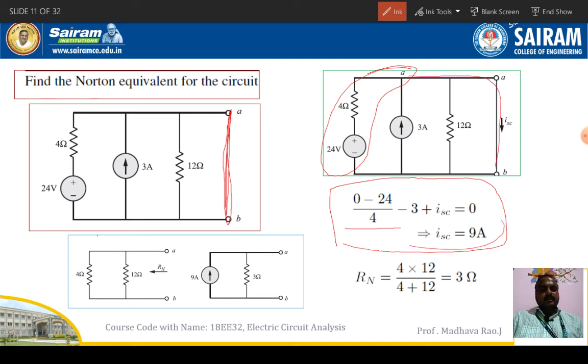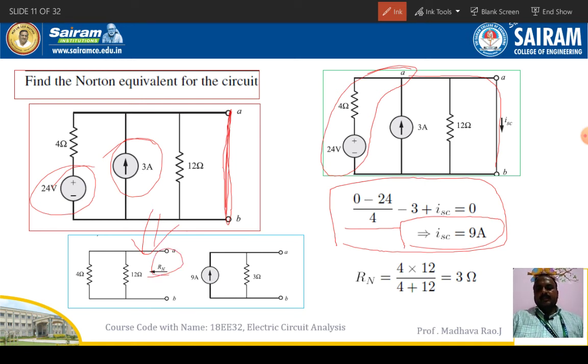So by simplifying, you will get ISC equal to 9 amperes. So for finding the RN, the current source we should make open circuit, the voltage source we should short circuit, then the circuit will be like this.